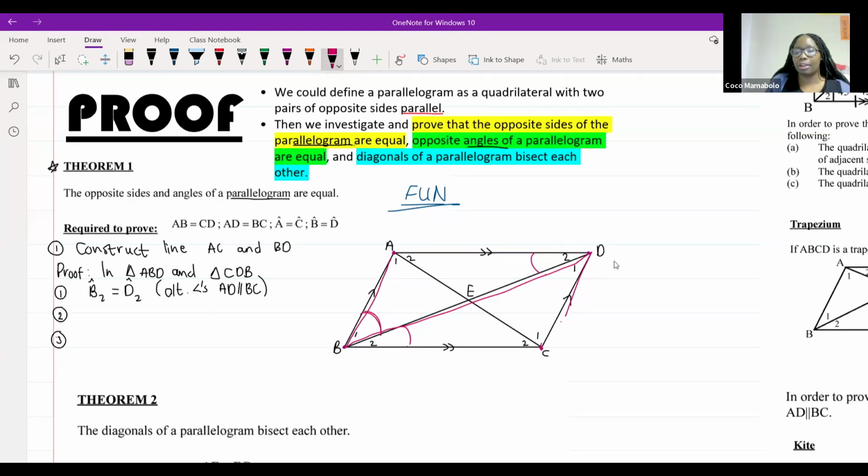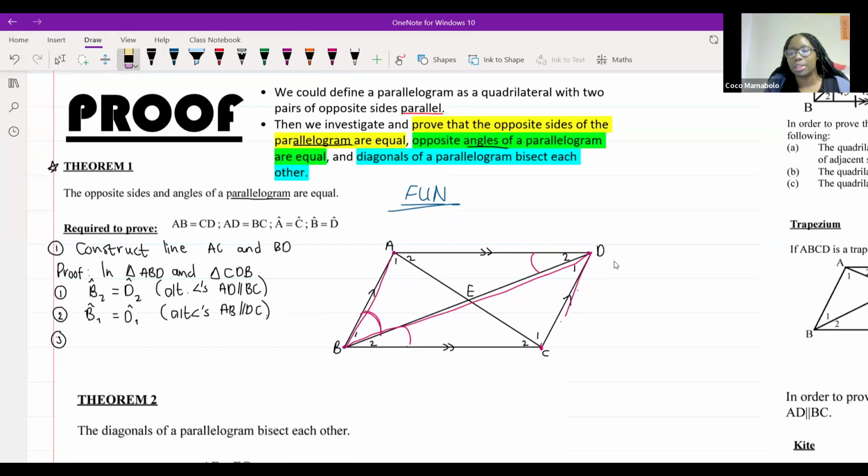Remember, inside. So D1. Good. We get angle B1 is equal to angle D1. What's my reason? Alternate angles. Good. Give me my parallel lines, please. Is it AB is parallel to DC? Absolutely. AB is parallel to DC.